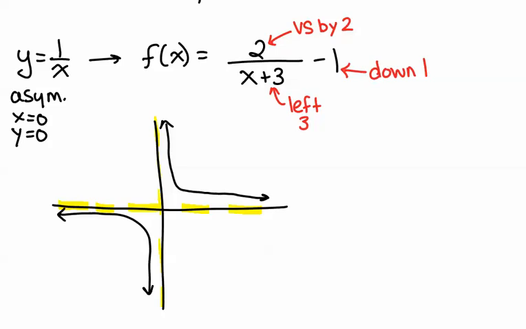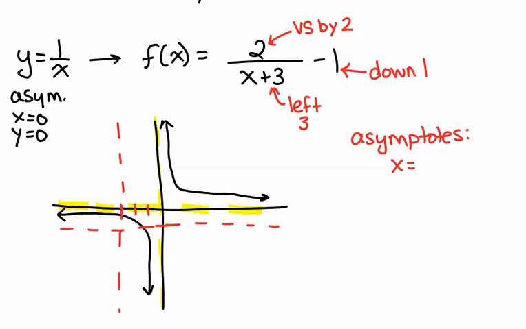So we're moving it left 3 and down 1. So that's actually going to affect our asymptotes. It was at 0, now our asymptote is going to be at negative 3. And we did have an asymptote at 0, and now we're going to have an asymptote at negative 1. So this graph has asymptotes at x equals negative 3 and y equals negative 1.